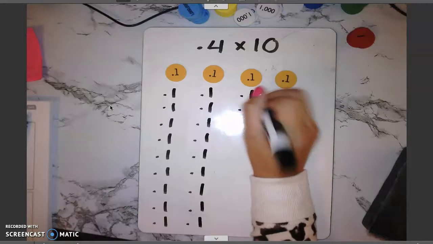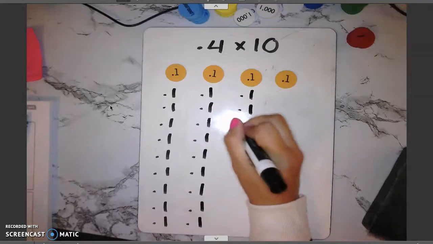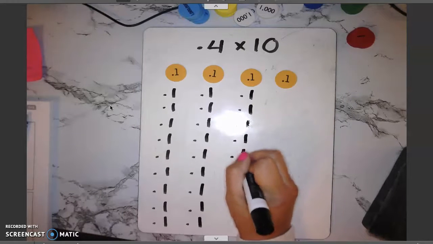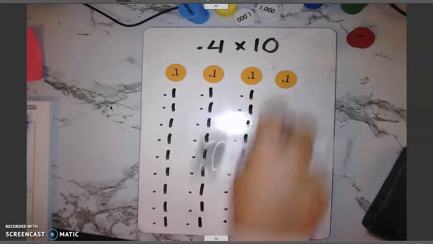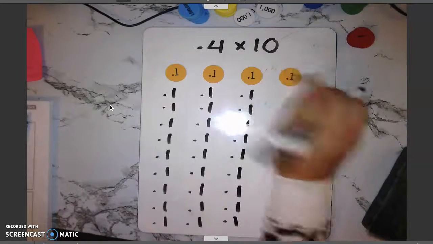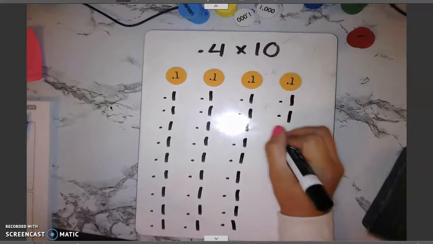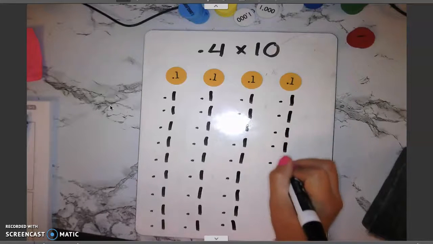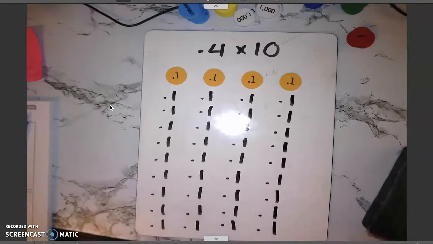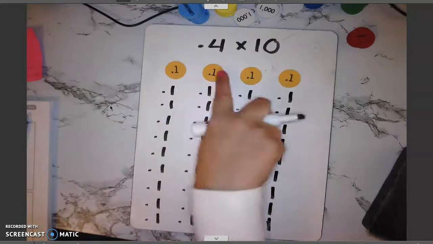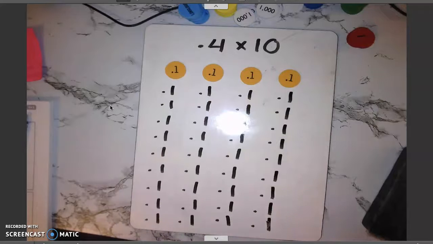I'm going to continue to repeat this process, and our one at the top makes 10 tenths, again up to 10 tenths in each group. Now, I have taken 4 tenths and multiplied each of those 4 tenths by 10.